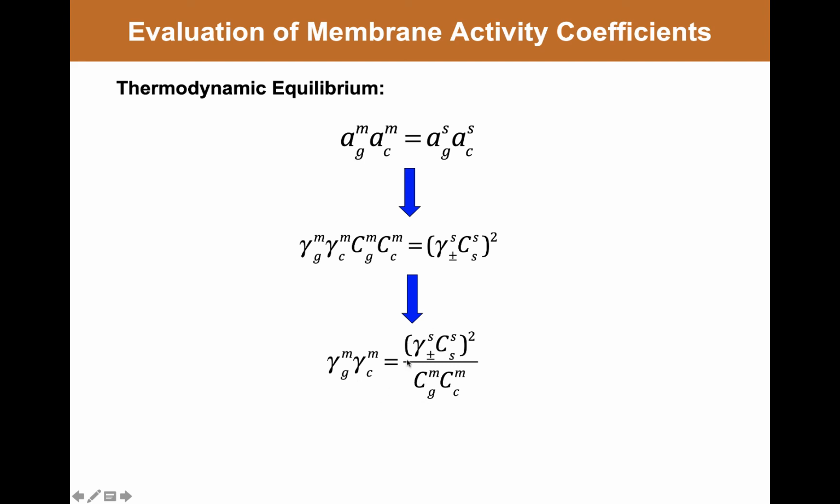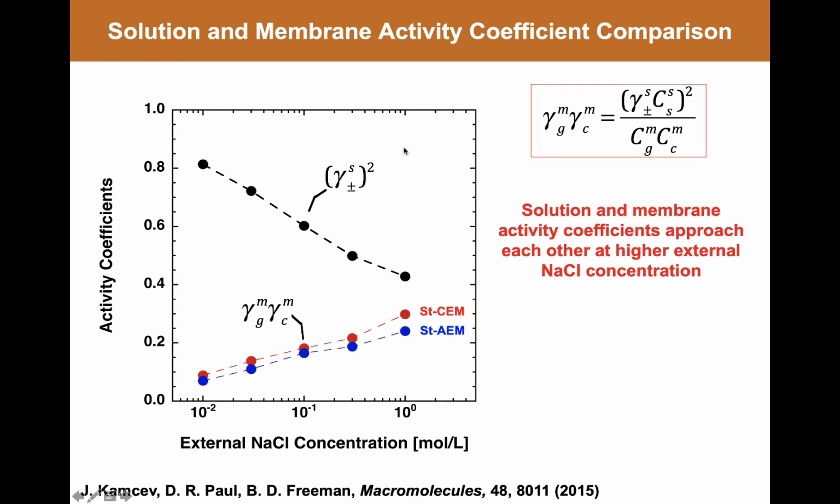And it depends upon the activity coefficients of ions in solution, which you can look up in a handbook, the concentration of salt in the external solution, which you set in the experiment, and then you can measure the concentrations of counterions and coions in the membrane. So everything on the right-hand side can be measured. And we can calculate what would be the value of the activity coefficients that would enforce thermodynamic equilibrium. And that's what's shown here.